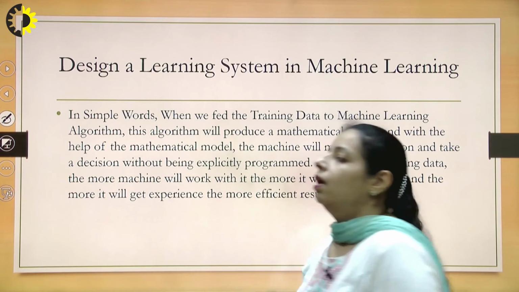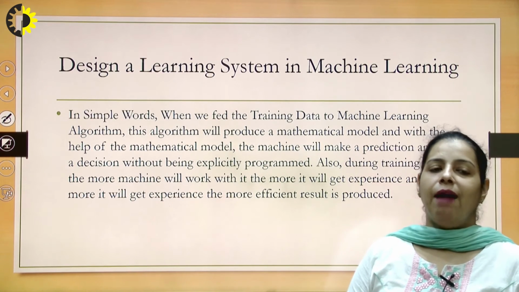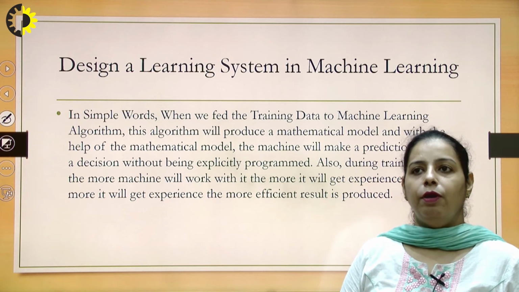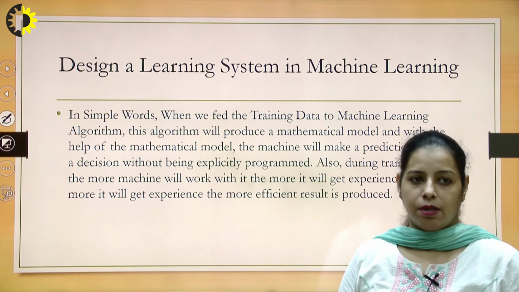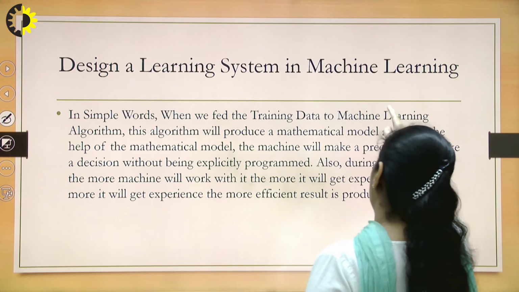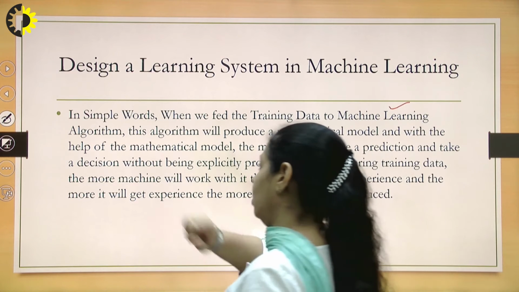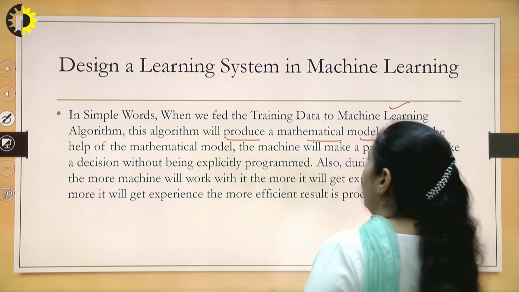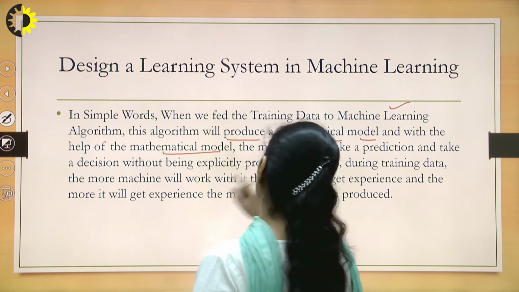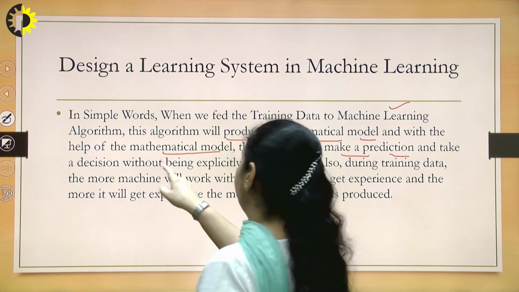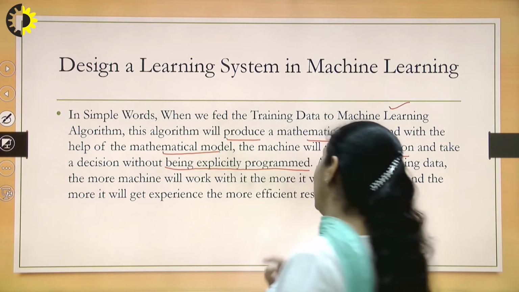Now the next task is that we have to design a learning system in machine learning. So how are we going to design a system which learns? In simple words, when we feed the training data to a machine learning algorithm, this algorithm will produce a mathematical model, and with the help of this mathematical model, the machine will make a prediction and take a decision without being explicitly programmed.